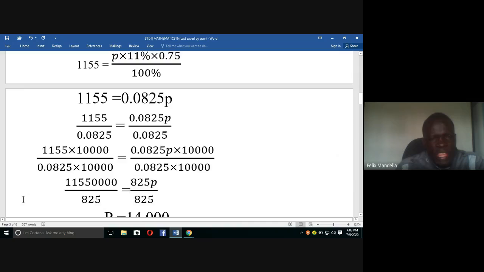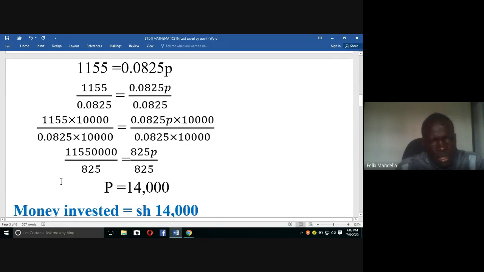But 825 on the other side has a P. Because this one is the same as this, they will cancel. So you remain with P is equal to, if you simplify this sum, you will get P is equal to 14,000. So the principal was 14,000.